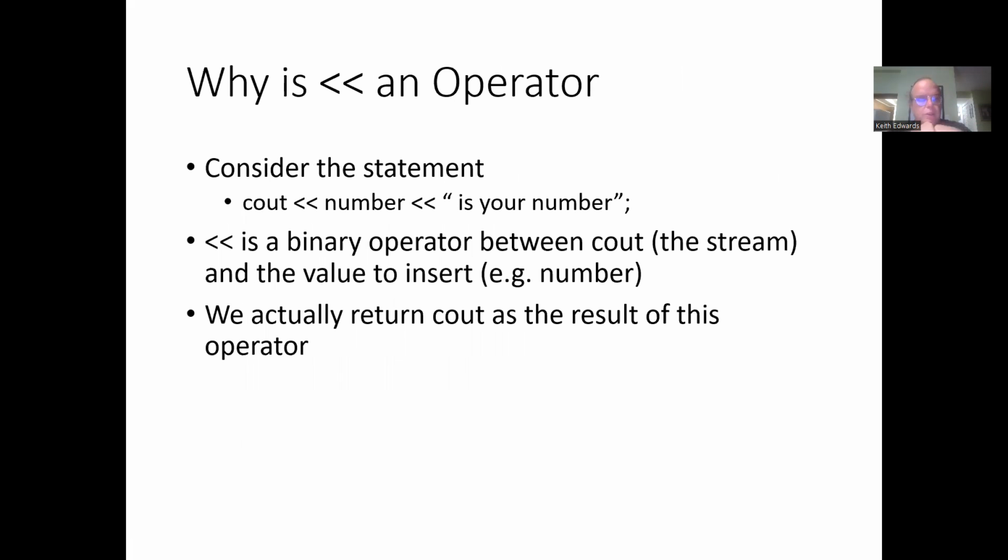These are going to insert things into the cout stream. This is actually a binary operator between cout, which is the stream, and the value that we want to insert into the stream, in this case a number and the string that follows it. And we actually return cout as a result of this operation.